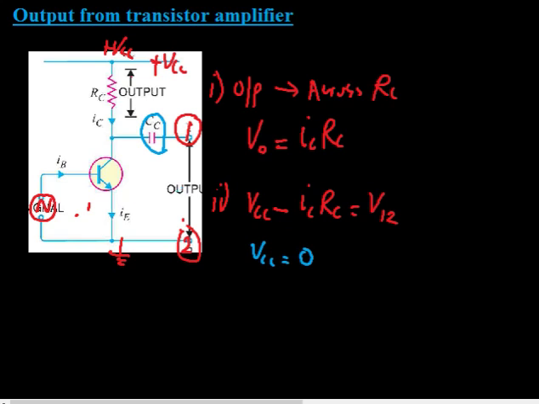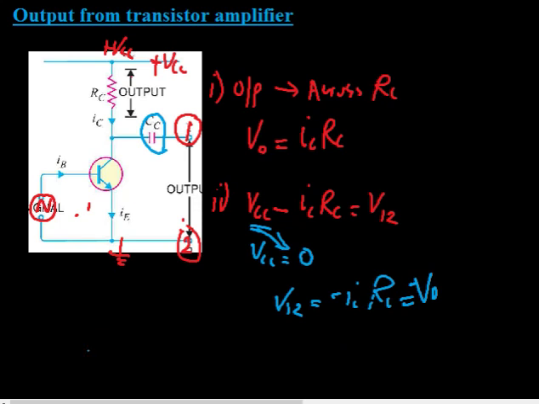So the voltage across the terminals 1 and 2 is only the AC. There is no DC part here, so this VCC will go to 0. So this equation becomes V12 is equal to minus IC into RC. We can call it minus V0, in magnitude.